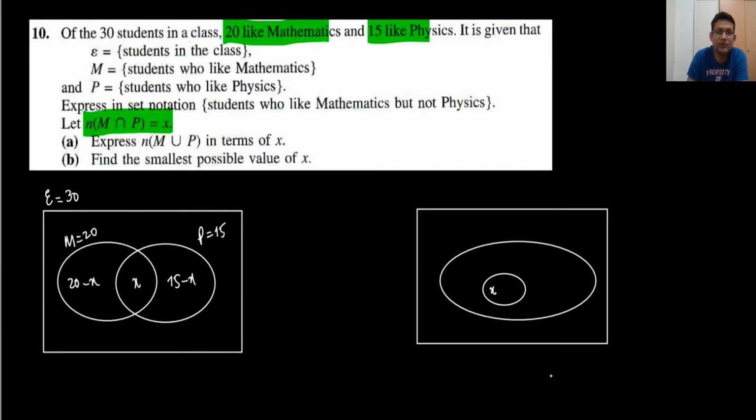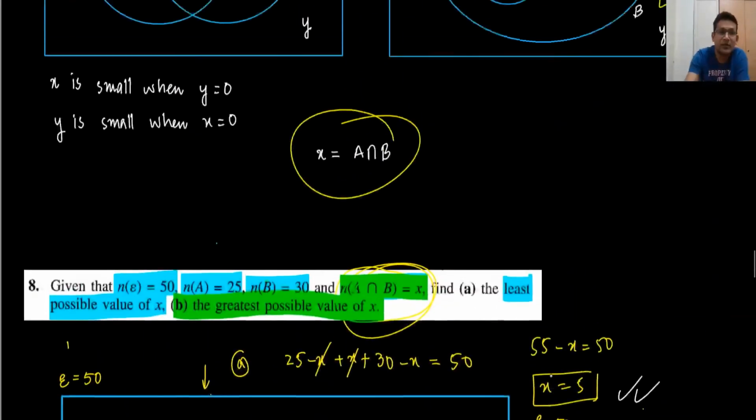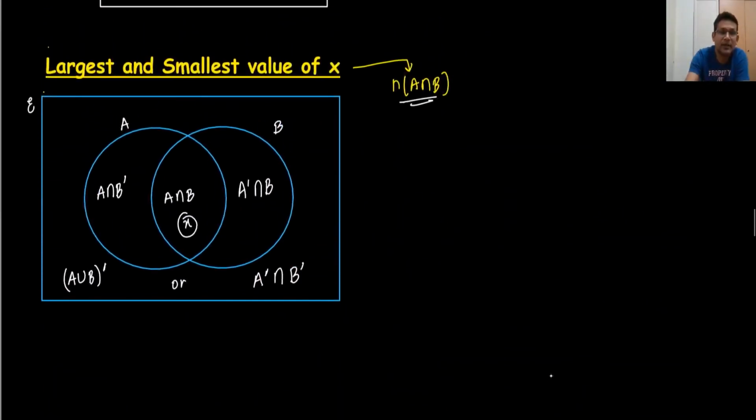Do we have anything outside given? It is given that nothing is outside. Okay, and express in set notation, students who like mathematics but not physics. So this area, and I told you this is fixed. I have already discussed, you have to remember these sets by heart.